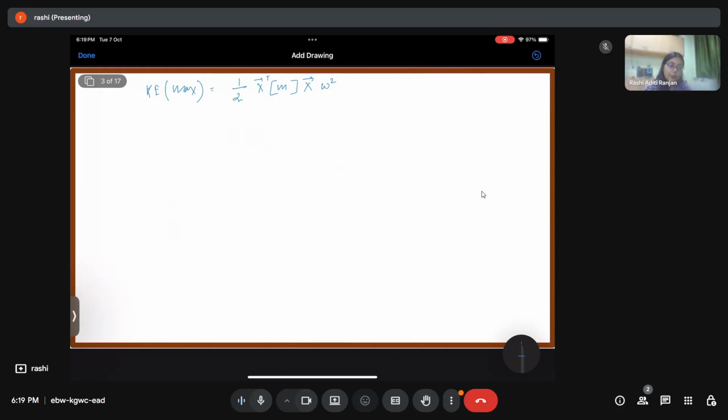Now, if we equate the kinetic energy and the potential energy, what are we going to get? Kinetic energy max is equal to potential energy max.